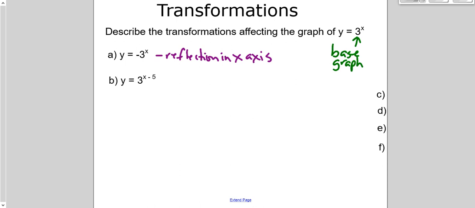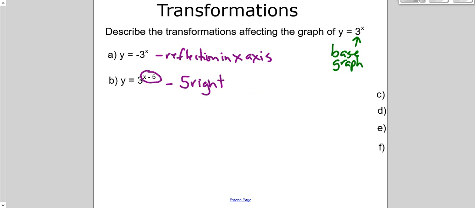And for this one, we can see that we're subtracting 5 directly to the x. So that means it's going to be moved 5 units to the right. Remember, when it comes to adding or subtracting something to the x, it's always the opposite sign.